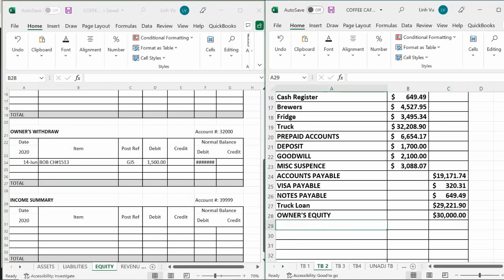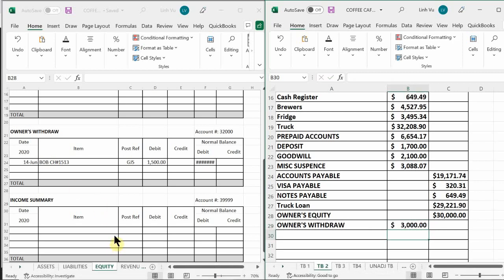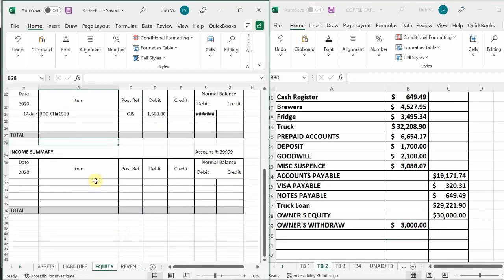So again, this was a debit balance, because we are decreasing our equity. So we subtracted $3,000. Okay? No income summary yet. We haven't closed our books out yet.